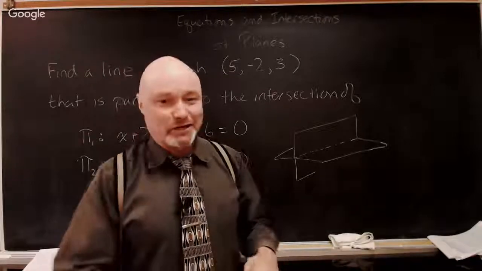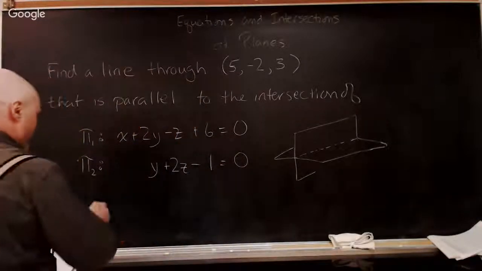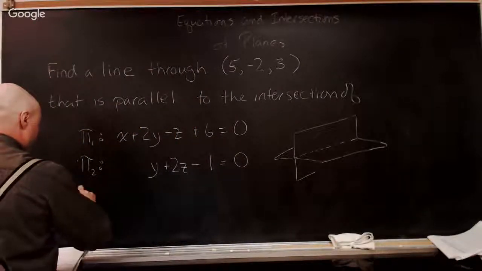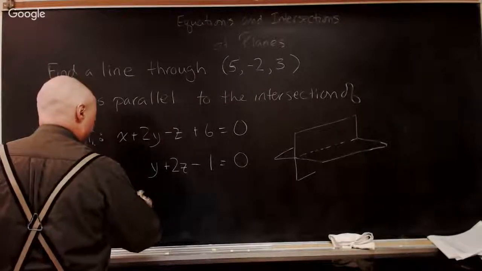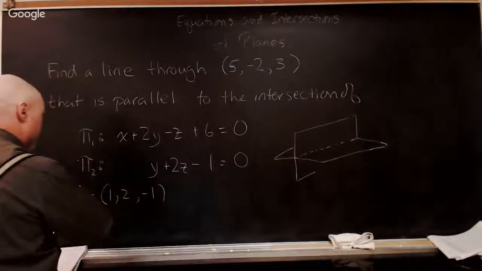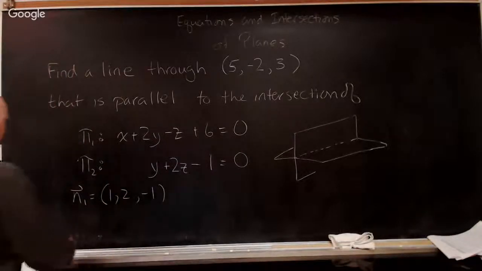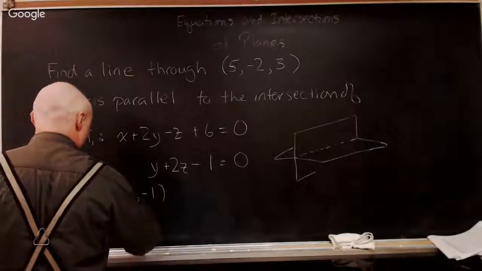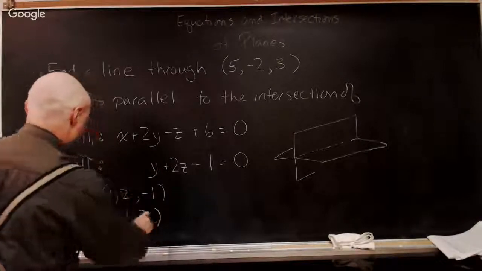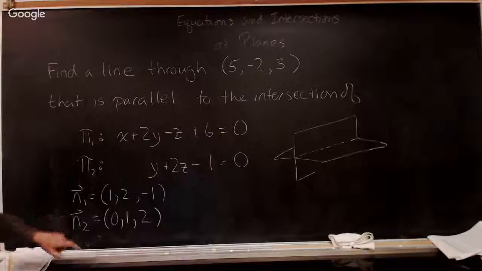And we have a formula that tells us a line that's perpendicular to two vectors, called the cross product. Okay, so normal vector 1 is 1, 2, -1. So that is normal to the first plane. Normal vector 2 is 0, 1, 2. So there are my two normal vectors.